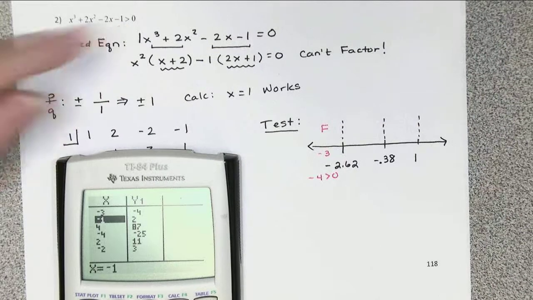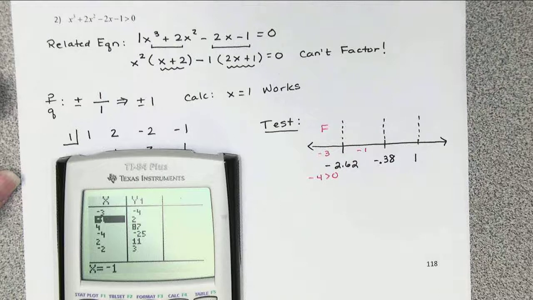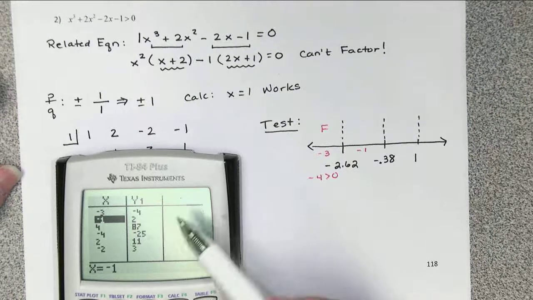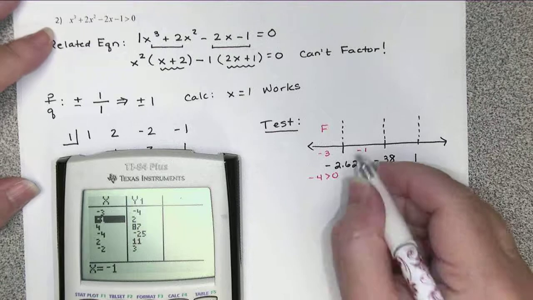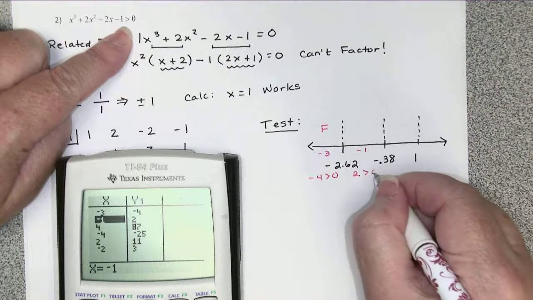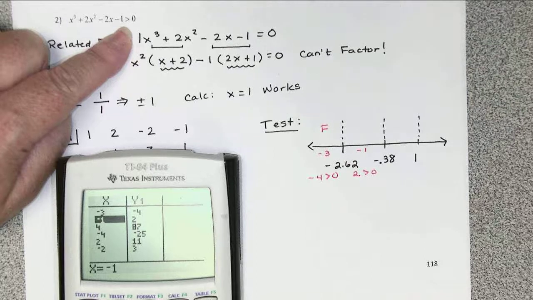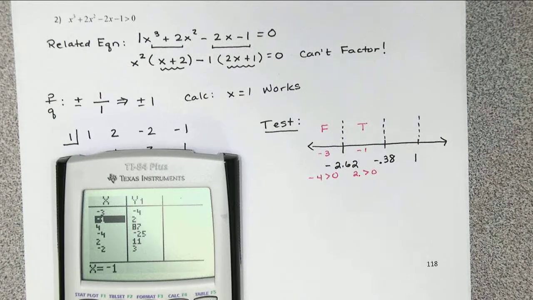So that's false. Maybe I'll test negative 1 in the next interval. Negative 1 actually happens to be in there already. I get a y value of 2. Again, supposed to be greater than 0. And 2 is greater than 0. So my inequality is true in that interval.